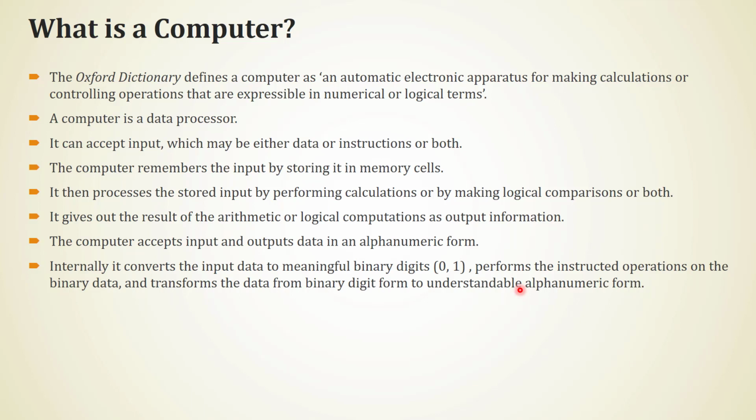But the language known by the user is actually alphanumeric or English language. So internally the input given, that is the alphanumeric form given to the computer, will be converted to zeros and ones. And also it transforms the processed binary data to understandable alphanumeric form.